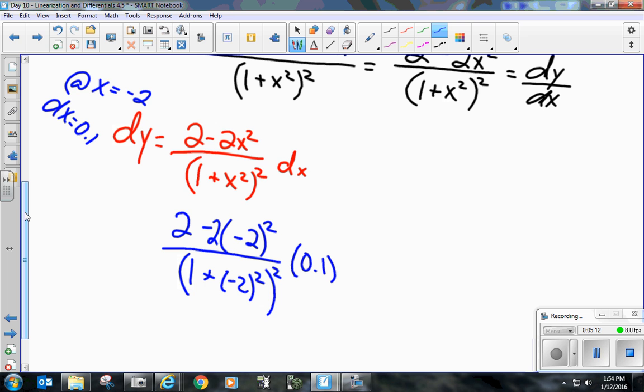Here's some calculators clicking. What do we got? So I was throwing my -2 here and here. What did you get? -0.024? What do we get? Now wait.